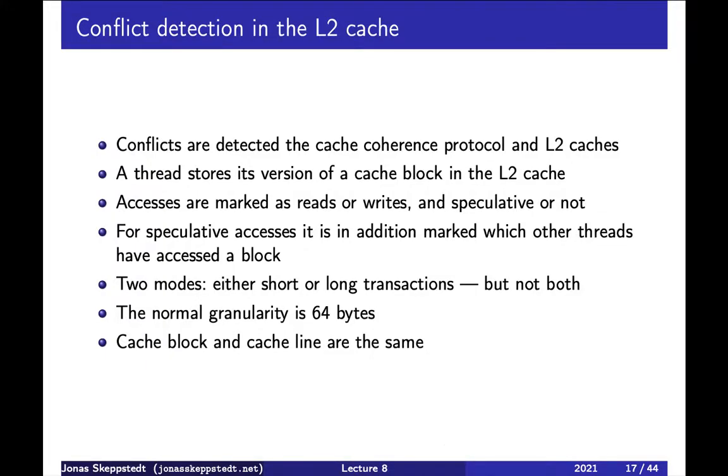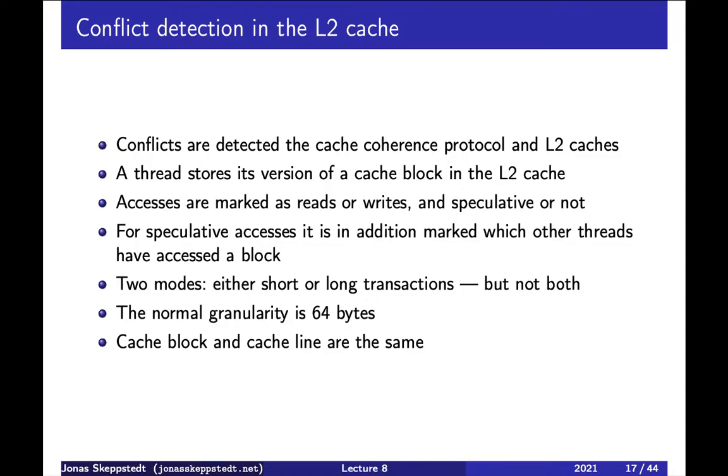How can the hardware detect conflicts between two transactions and between a transaction and a non-transactional modification? It turns out that almost all shared memory multiprocessors already have most of the support needed.